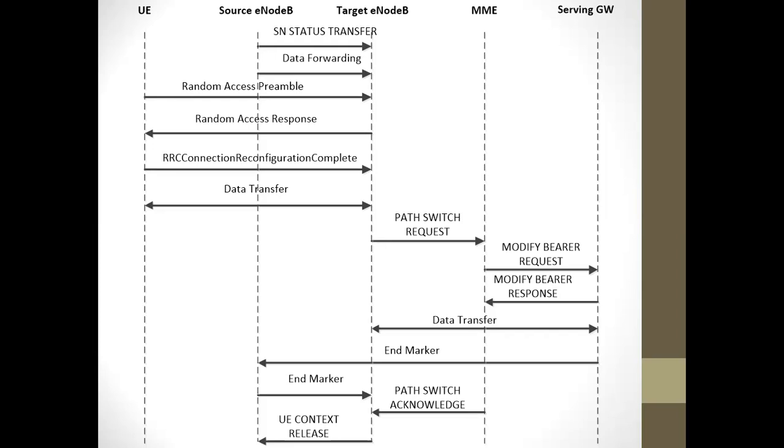In the meantime, you can lose data, but whatever you have in RLC or MAC, these layers are reset. However, the PDCP layer handles this. PDCP layer normally doesn't retransmit anything, but here it takes care of this problem.